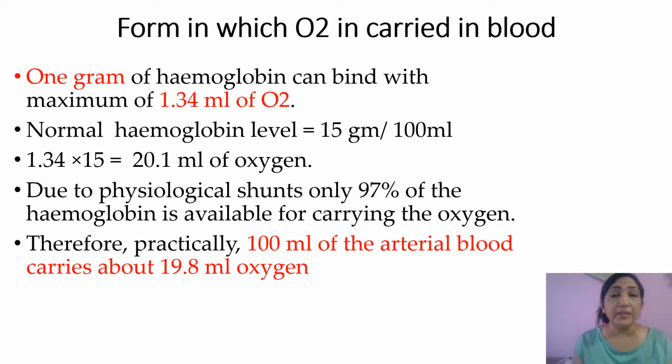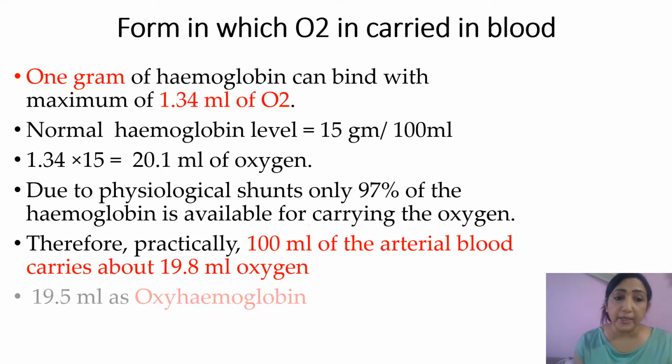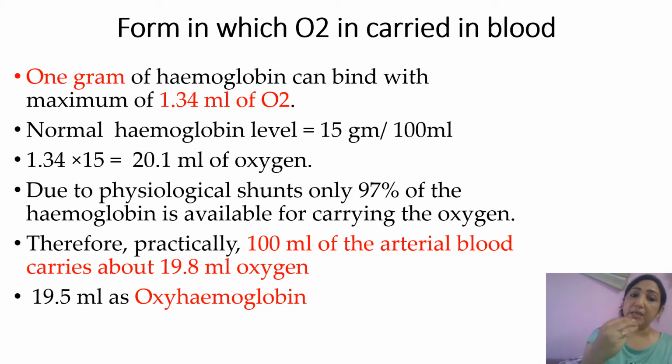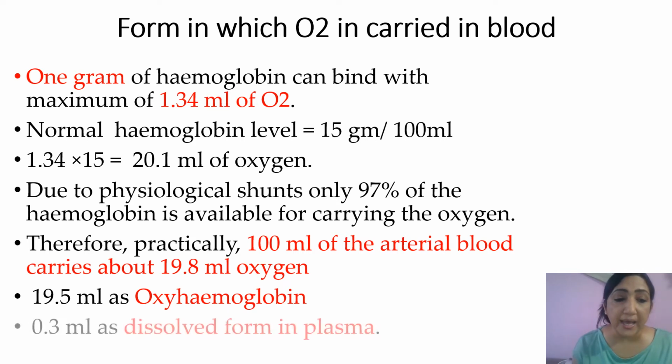Out of that, there are two forms in which this oxygen is carried. One, the maximum amount, is carried by hemoglobin, that is 19.5 ml of oxygen carried by oxyhemoglobin, where hemoglobin and oxygen together form oxyhemoglobin, and a very little amount, 0.3 ml, as dissolved form in the plasma.